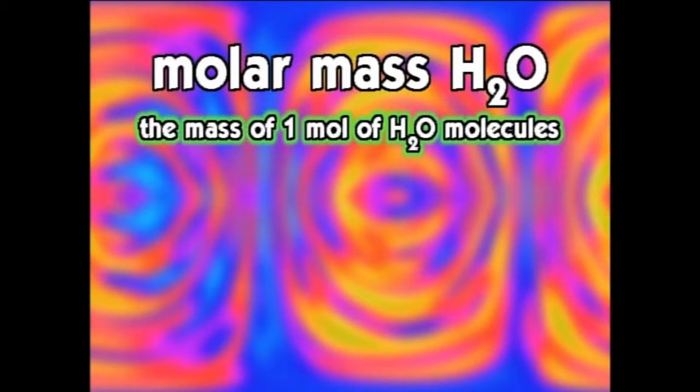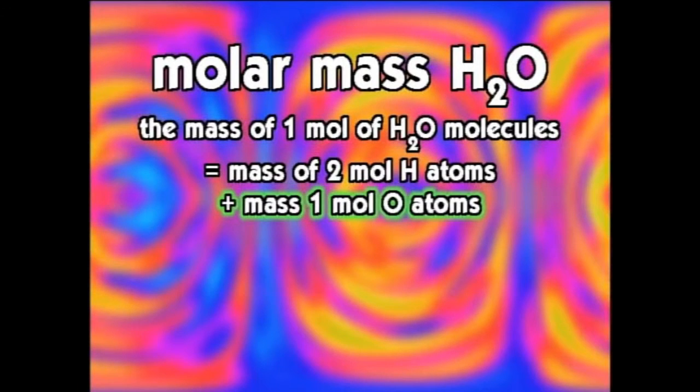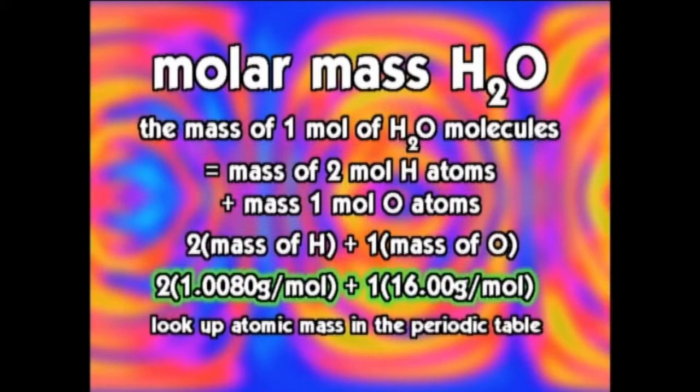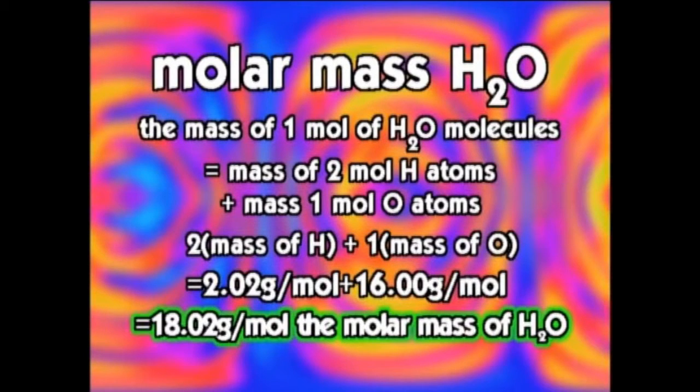The molar mass of water molecules, which is the mass of 1 mole of water molecules, equals the mass of 2 moles of hydrogen atoms plus the mass of 1 mole of oxygen atoms. So, we will add 2 times the atomic mass of hydrogen plus the atomic mass of oxygen. That's 2 times 1.0080 grams per mole plus 1 times 16.00 grams per mole. 2.02 plus 16.00 equals 18.02.